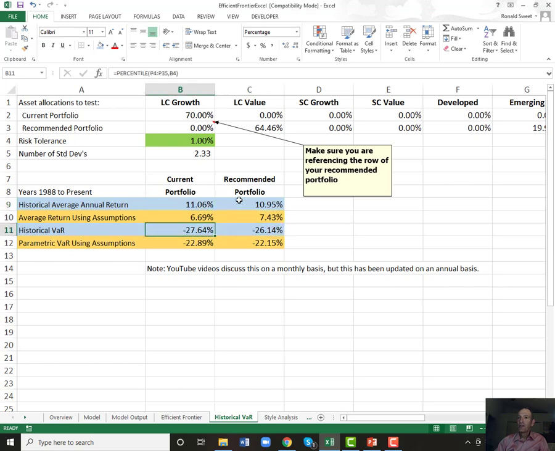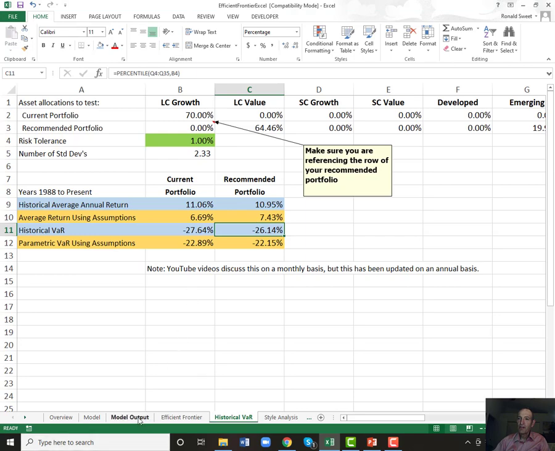Now the good news is it was riskier, so that's nice. It did have a bigger loss, not much. So we're telling our customer we're going to give you a portfolio that has about the same risk but a higher expected return, and in reality our portfolio historically would have had a lower return with a lower risk. So how do you explain that to the customer?